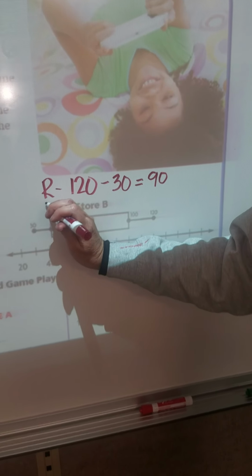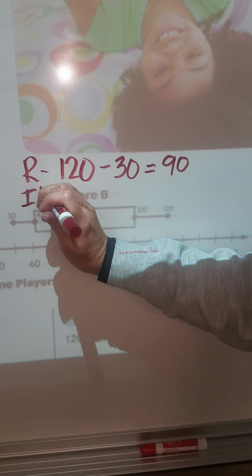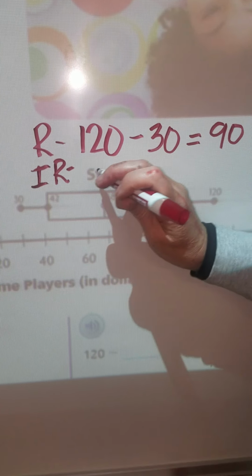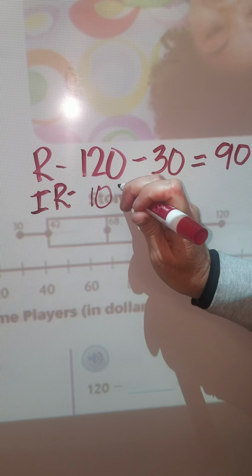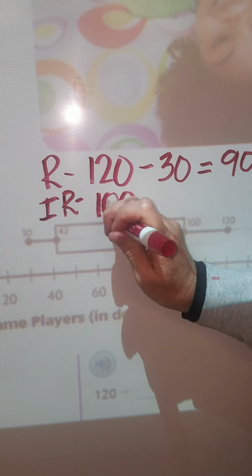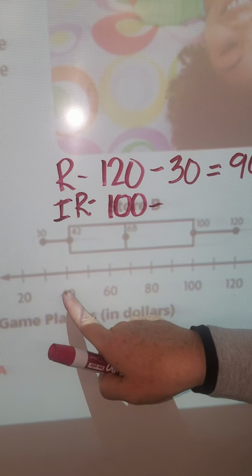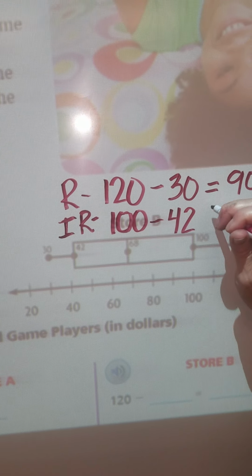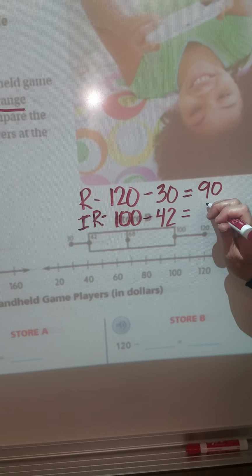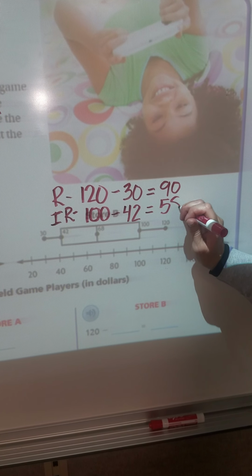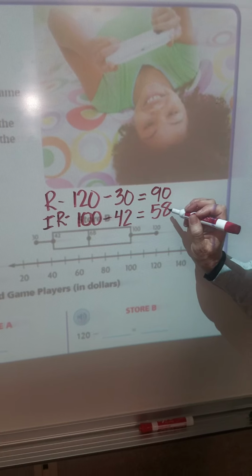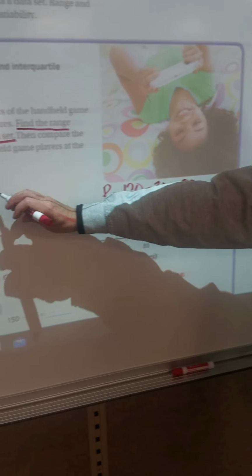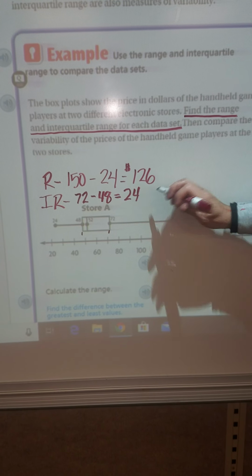Finding the interquartile range, take the upper quartile, which is 100, minus the lower quartile, which is 42. And that interquartile range is 58. So definitely less than 90, but not as different as we had over here with store A.